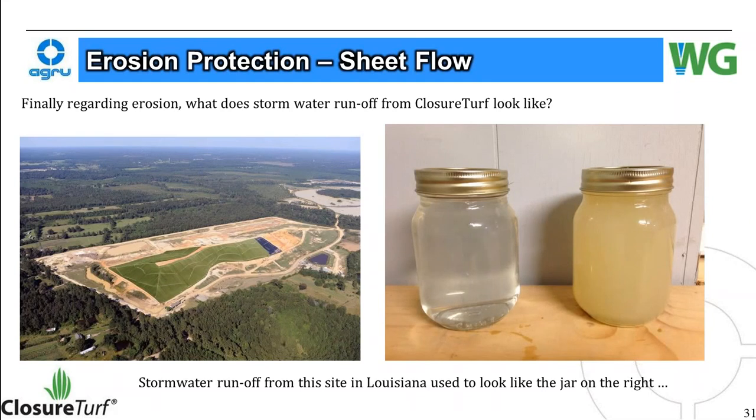It now looks like the jar on the left from the ClosureTurf slopes. I'll let you do the math as to what that implies for the industrial stormwater permit compliance. Needless to say, the site managers at Tangipahoa are very happy that their water doesn't look like this anymore.